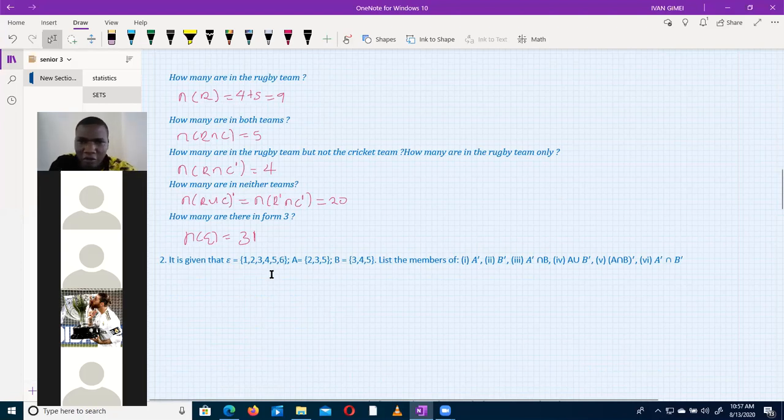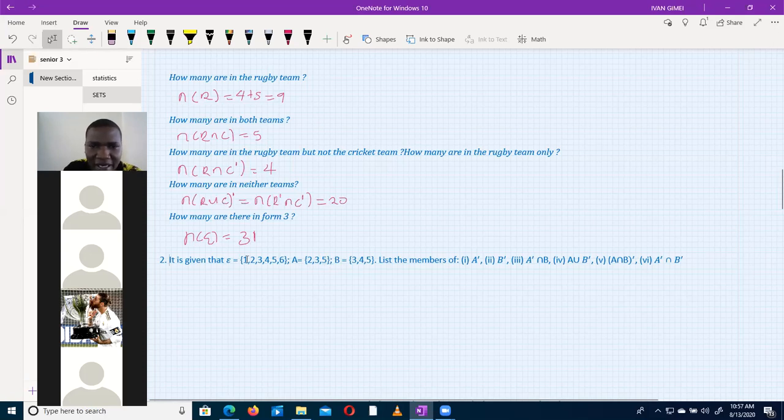Using your notebook, you go through it. Just look at it very fast and tell us the members of set A complement. We defined set A complement as members which are in the universal set, but they are not in set A. Our universal set is this one, set A is this one.